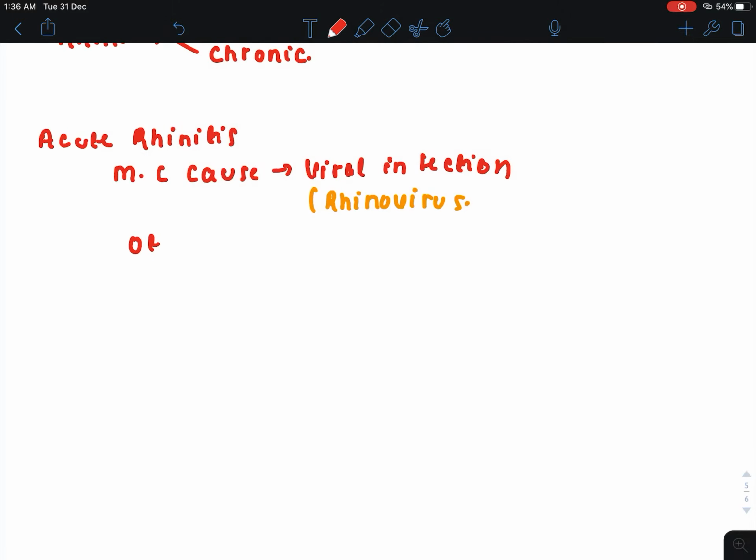The other cause of acute rhinitis is bacterial infection, and irritants, any irritants which can predispose to acute rhinitis.